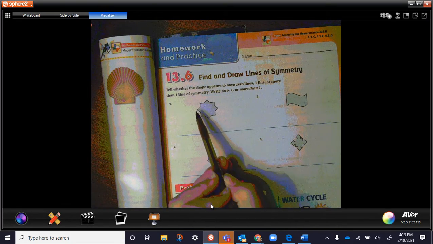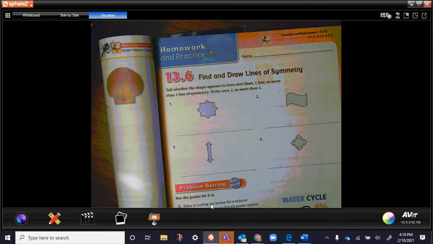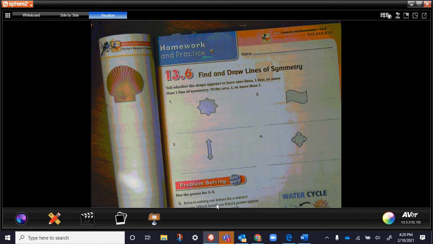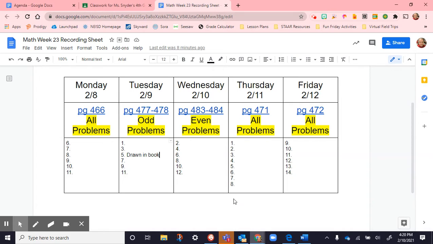So you're writing whether they have 1, more than 1, or 0. And then you're just going to put that on your answer document. So if they had 1, you could just put 1. If they had more than 1, put more than 1. If they had 0, put 0. Okay, so you're doing the even problems. So you're doing 2 and 4 for that.